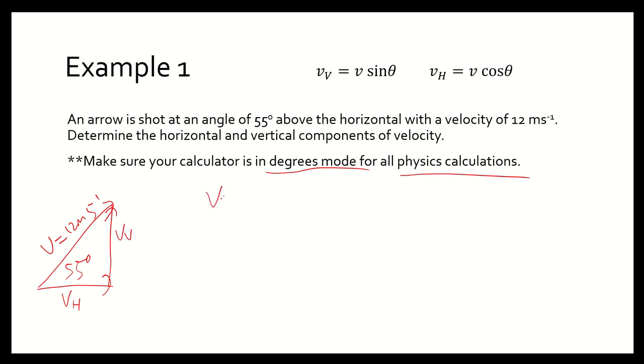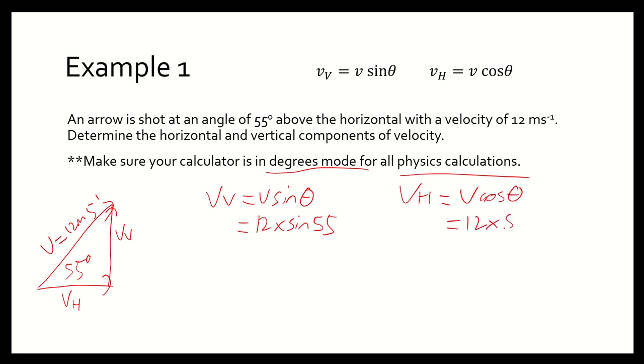So the vertical component is just v sine theta. Make sure your calculator is in degrees mode. So v is 12 times sine of 55 degrees, and to find our horizontal component, it's going to be v cos theta, and that's 12 times cos 55.